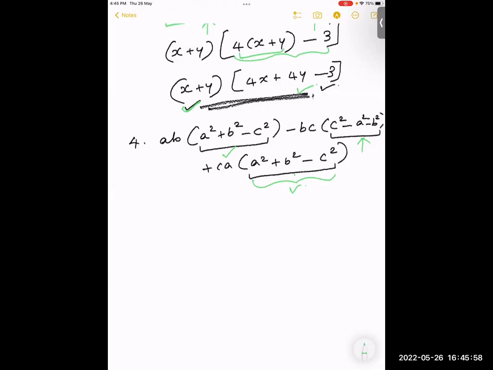But for the second term, I don't see that as a square plus b square minus c square. I see it in a different way. The negative terms are, c square is positive and a square and b square have become negative here, whereas for the other two, a square and b square are positive and c square is negative, right? So what do I need to do so that all three terms become a square plus b square minus c square?